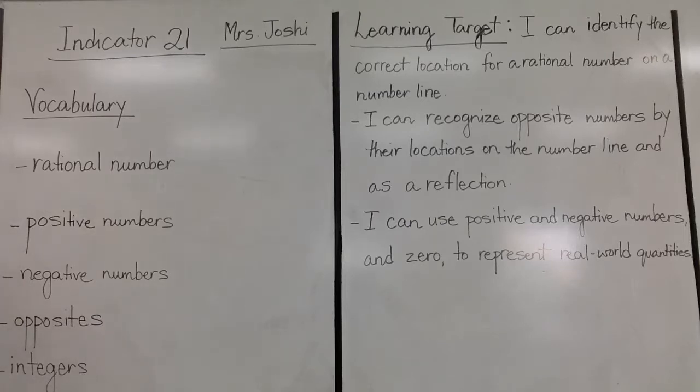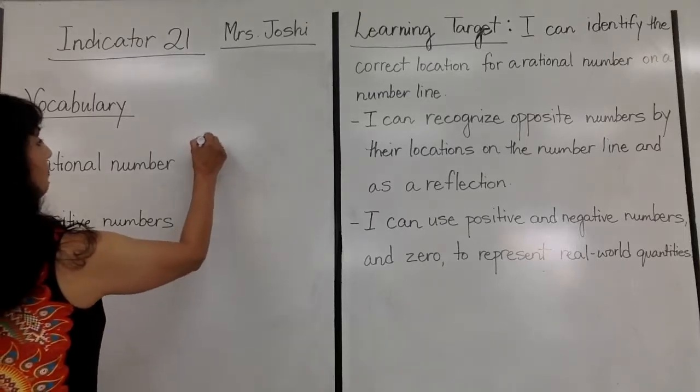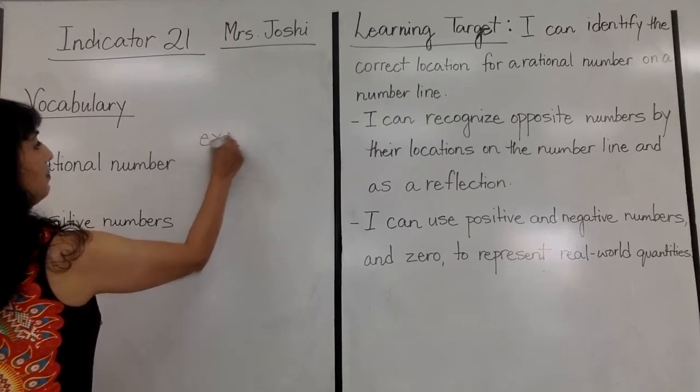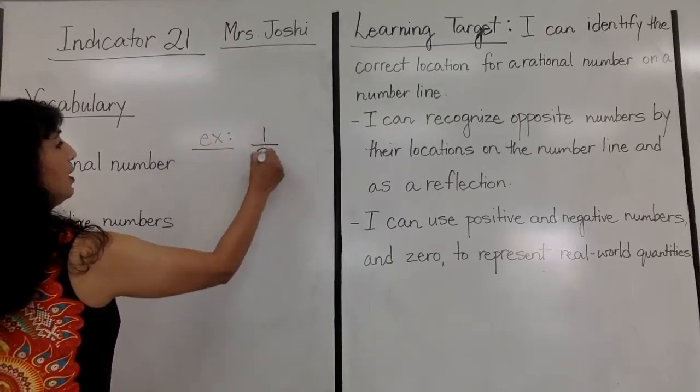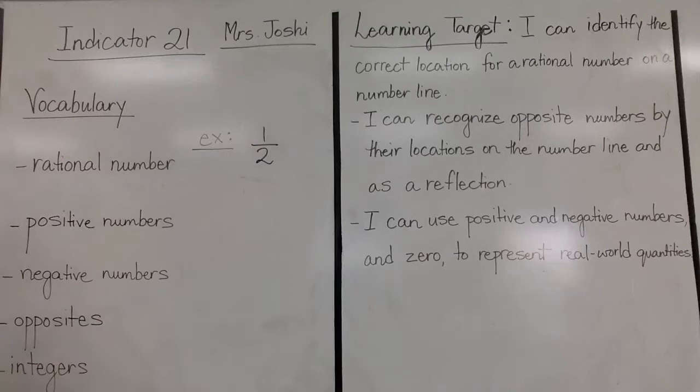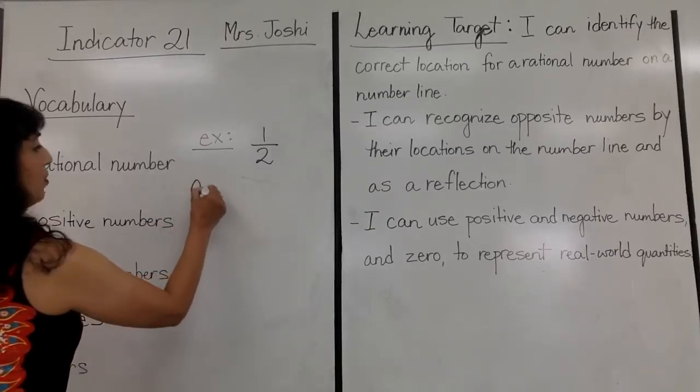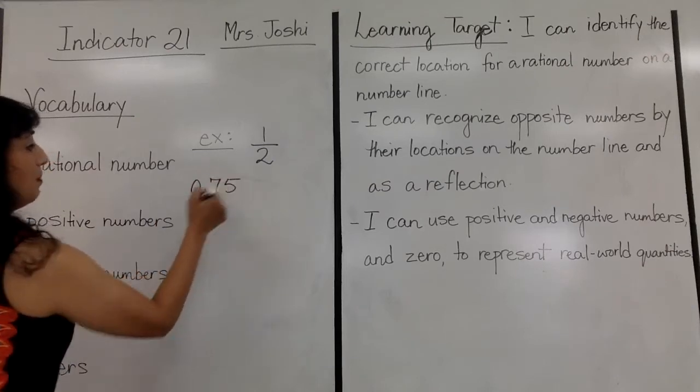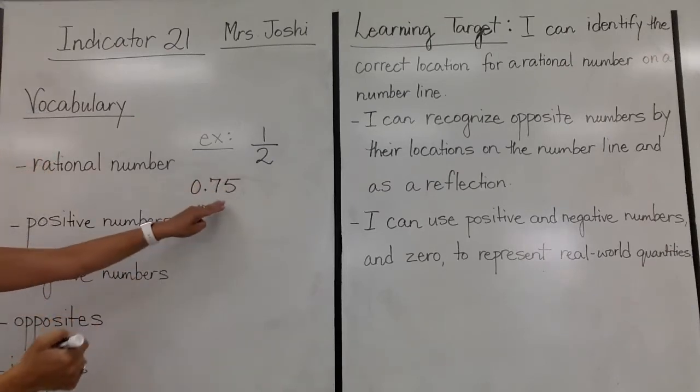So if I say, for example, 1/2, it's 1 divided by 2, or the ratio of 1 to 2. This is a rational number. If I say 75/100, look what's happening, it's ending.